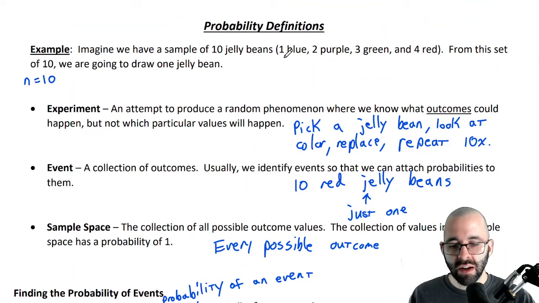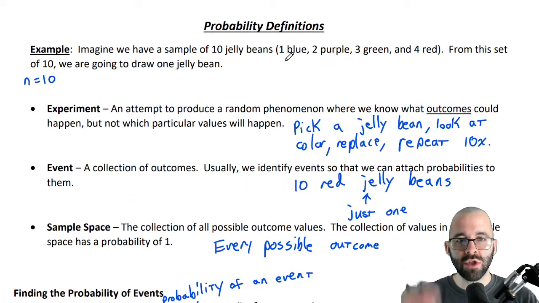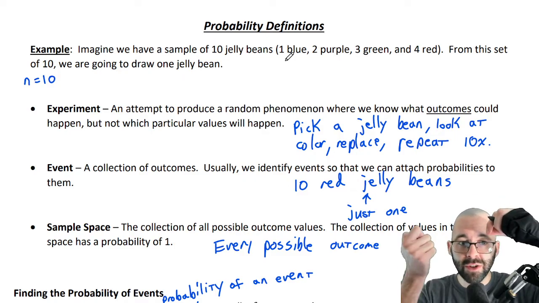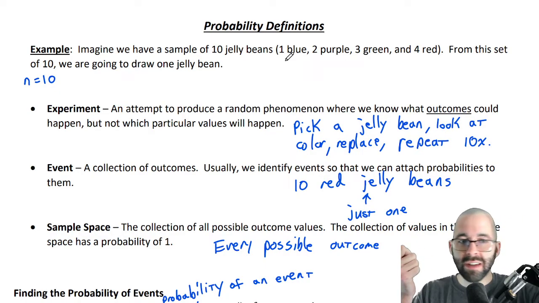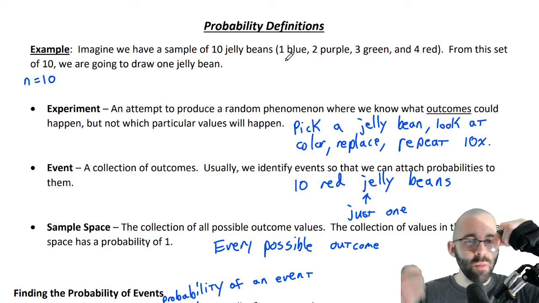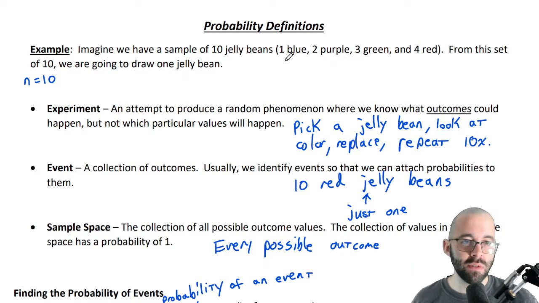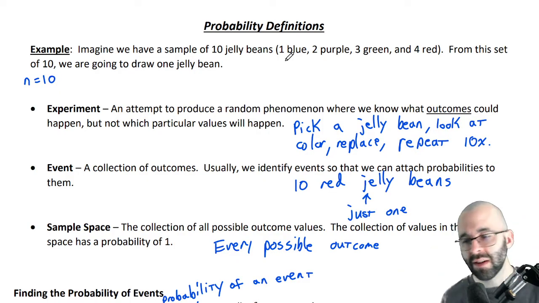If I draw a single jelly bean and I draw a blue jelly bean and I don't replace it, well, if I draw another jelly bean, it's really going to depend on what I drew as the first jelly bean. Because if the first one was blue, the second one can't be blue. But if the first one wasn't blue, the second one actually has a higher chance of being blue. So if we replace, it's independent as long as we shuffle them. But if we don't replace, they're not going to be independent.